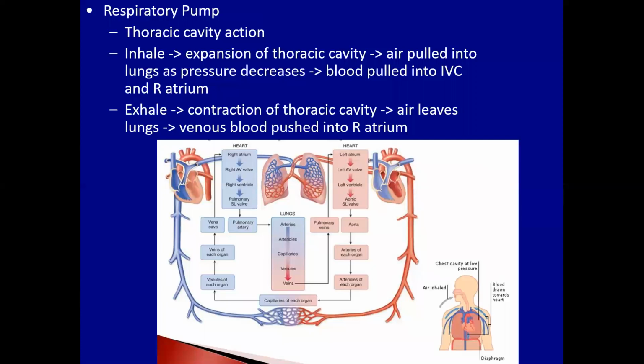As you exhale, right, you're contracting your thoracic cavity, it pushes venous blood into the right atrium again. So here you can see what your respiratory pump is doing in this.